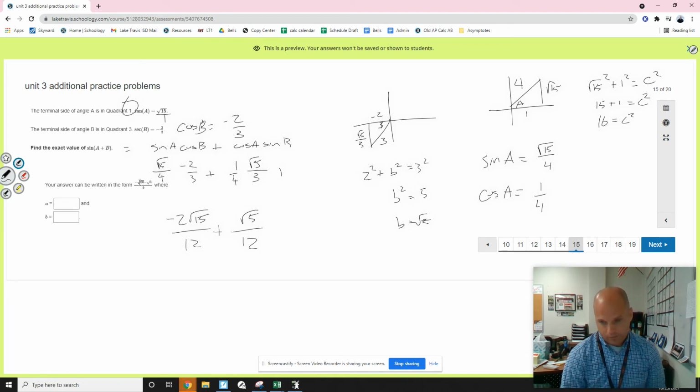Why do they have root 60 here? Because we want to be complicated. 2 is the square root of 4. 4 times 15 is 60.